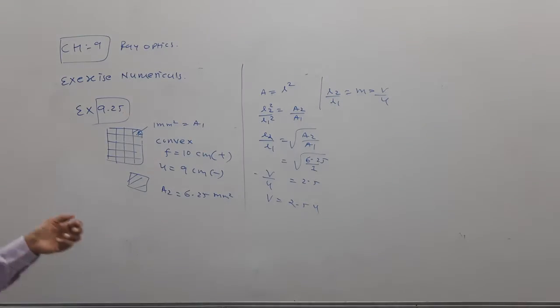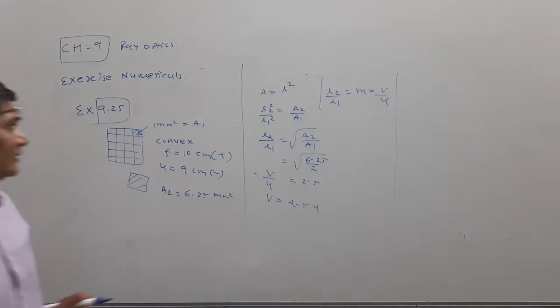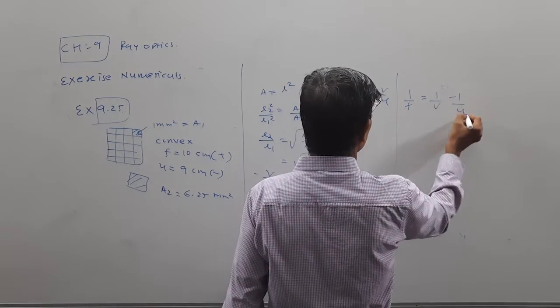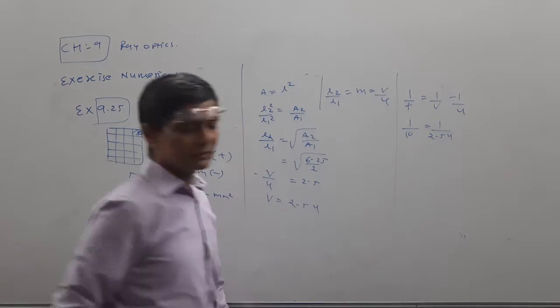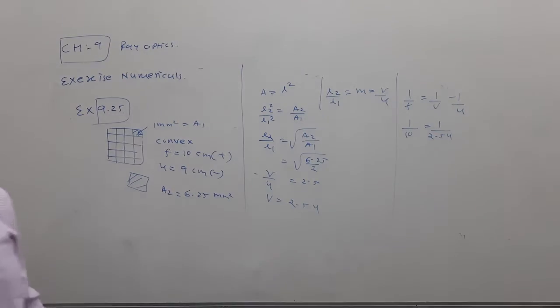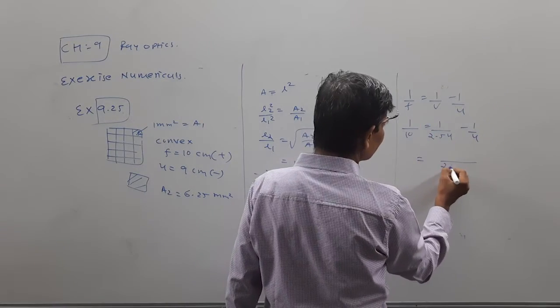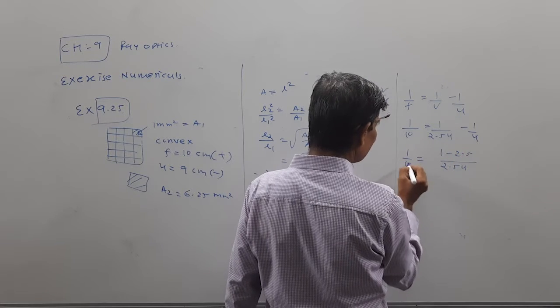Again the focal length is given, and we have to find the object distance. We use the same condition: 1 upon f is 1 upon v minus 1 upon u. F is 10 centimeter, and v we have obtained is 2.5 u. So what will be the LCM? 2.5 u. This will be 1 minus 2.5, equal to 1 by 10.